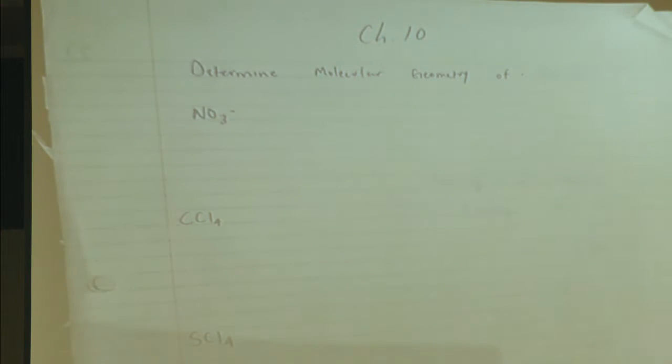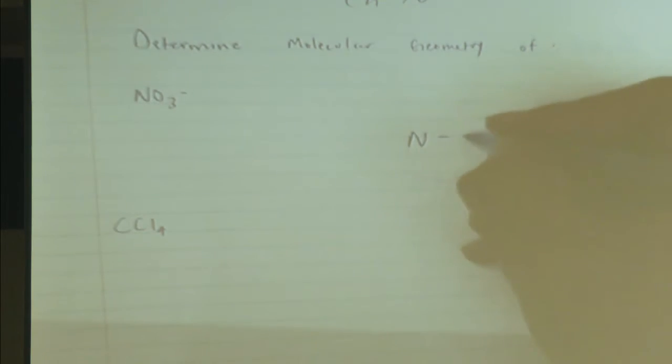All right. So determine the molecular geometry of nitrate. What do we have to do first? Yeah, we have to draw the Lewis structure, and then if we go back to Chapter 9, we have to draw our skeleton and come up with valence electrons and all that good stuff. So when we talk about valence electrons, how many do we have coming from nitrogen? 5. How many from oxygen? How many oxygens?